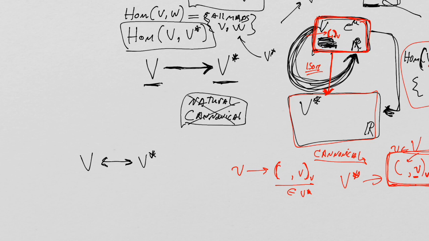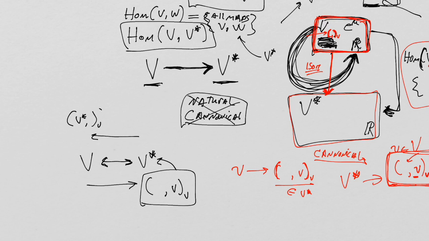Because if it's going this way, then the guy here is V star V, and if it goes this way, then the duality is V like that. And this here is a member of that space, and this here is a member of that space. And that's a one-to-one correspondence, and it's an isomorphism.